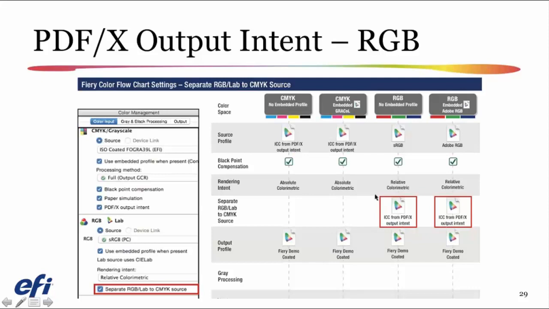So both my inputs in RGB, which are first defined as sRGB and Adobe RGB in this example, next get converted into the output intent profile, perhaps SWOP as I've been saying in the example, before they get converted into the output profile space. This gives us consistent appearance for both the CMYK and the RGB page objects in the PDF file.